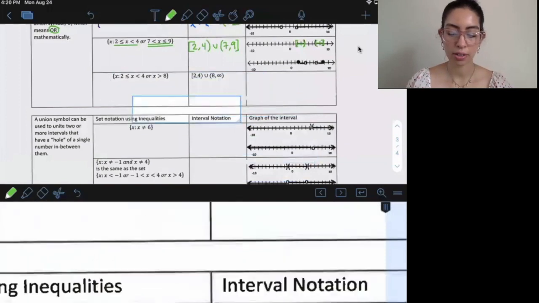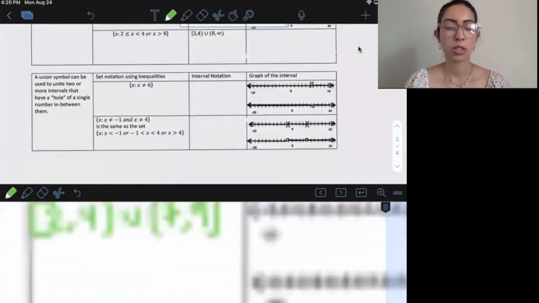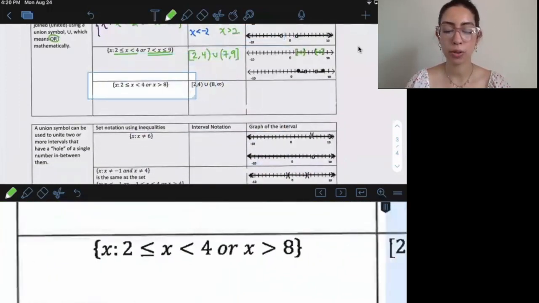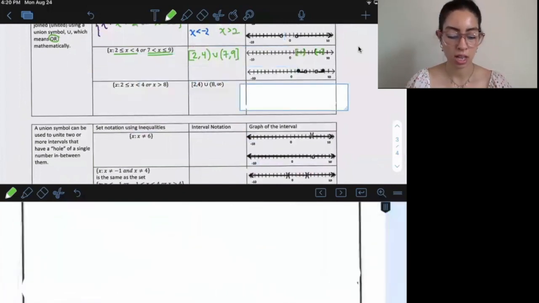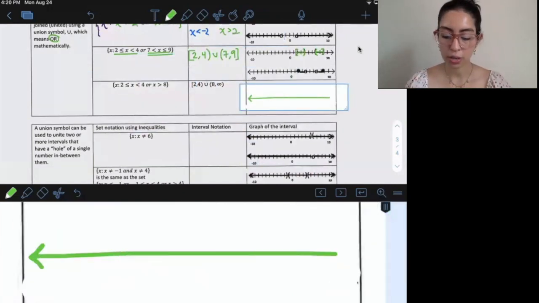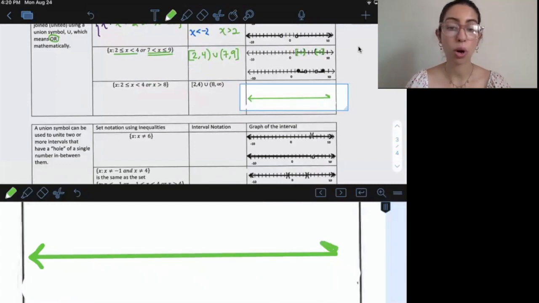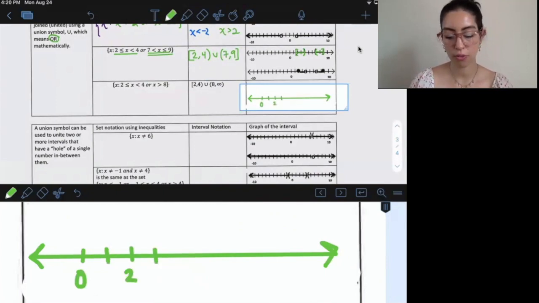A couple more. We have this one here, which we'll try graphing. There's 2 pieces. We have the first one, which is from 2 to 4. So I'm actually going to make zeros start here. Got 1, 2, 3, 4, 5, 6, 7, 8.